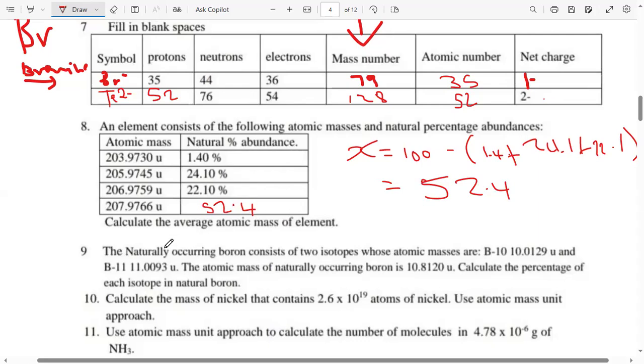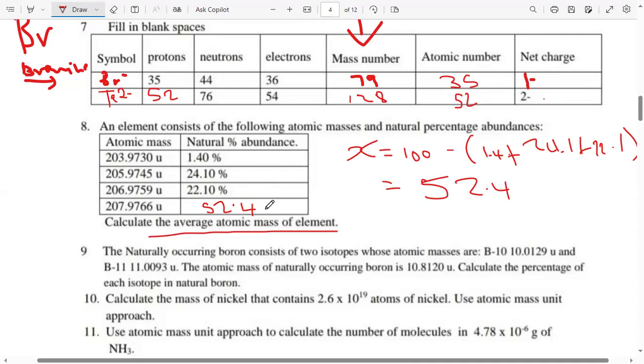So how are we going to calculate the average atomic mass for this element? Remember that formula where I was saying you just multiply the mass by the percent plus the mass by the percent plus the mass by the percent plus the mass by the percent. That's how we are going to find the average atomic mass.